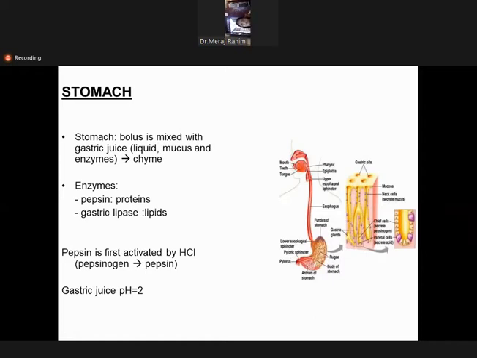So the pepsin is at first dormant because it digests the proteins. So nature has provided the chief cell to contain granules called pepsinogen, and those pepsinogens are activated by the HCl to produce pepsin. Okay, so the pH of the gastric juice is around 2.